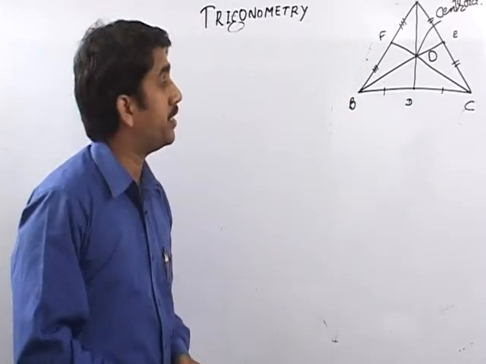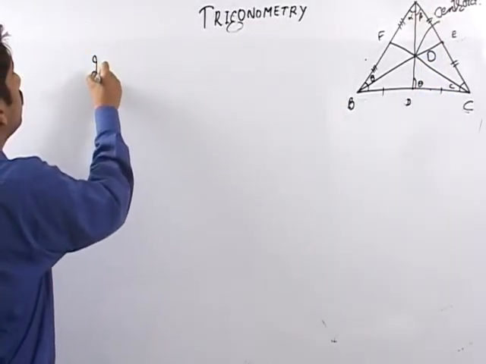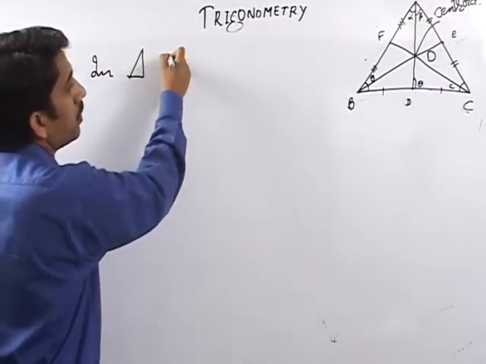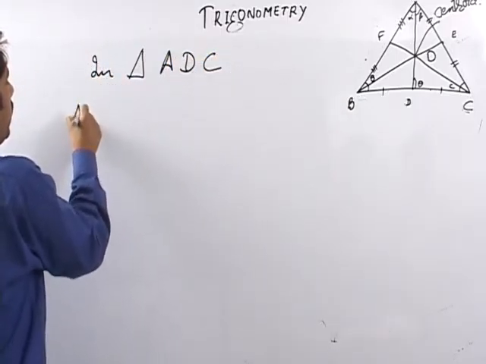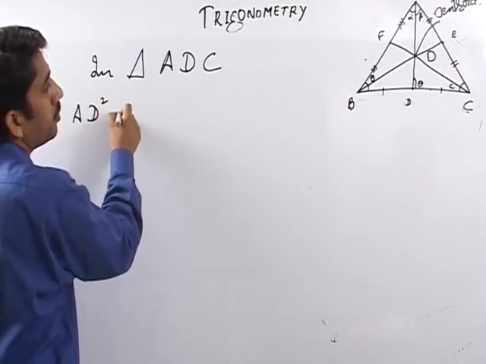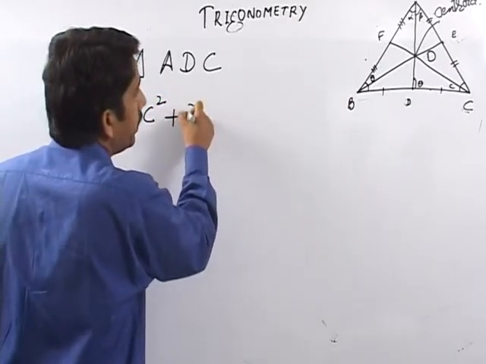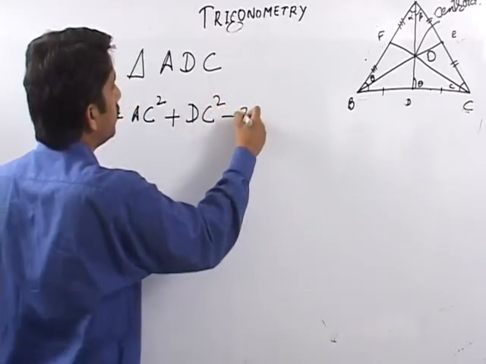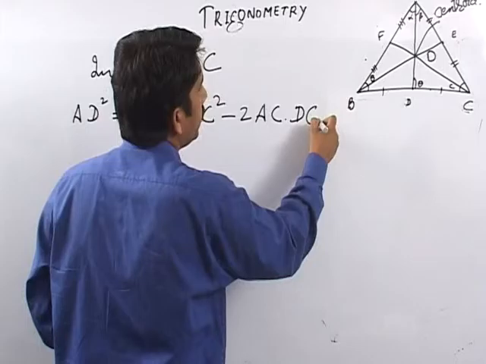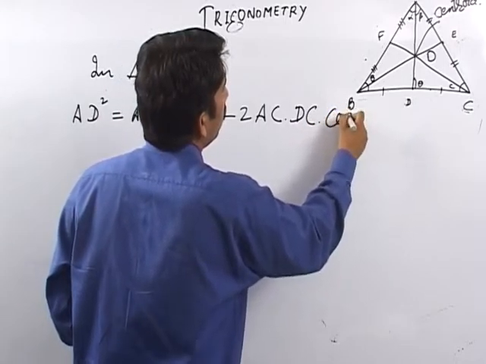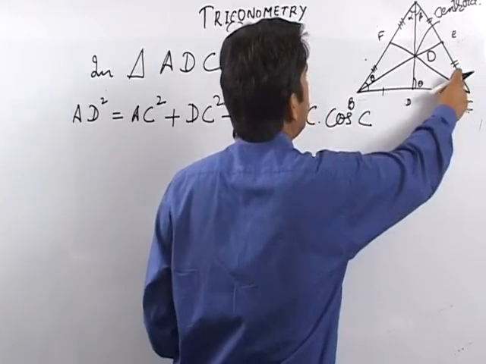To find the length of these medians, in triangle ADC, AD square is equal to AC square plus DC square minus 2 AC DC into cos of angle C, because in these two sides angle C is there.